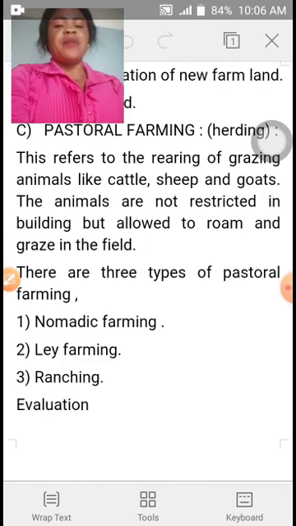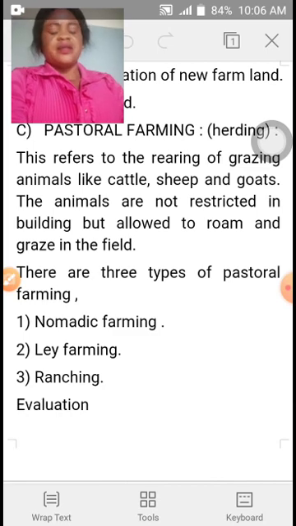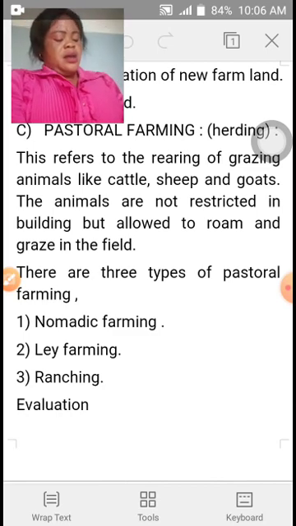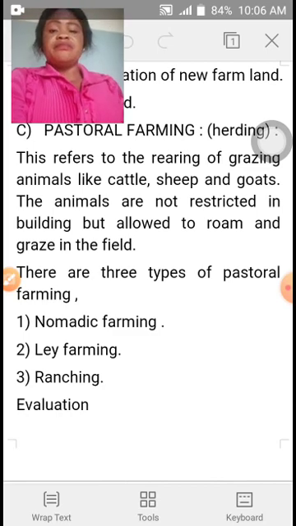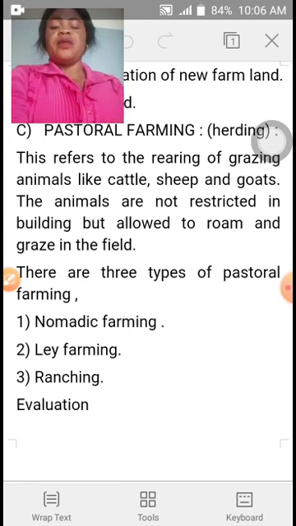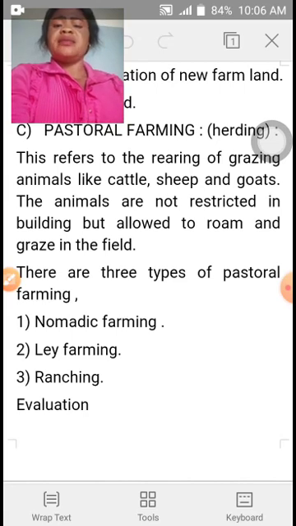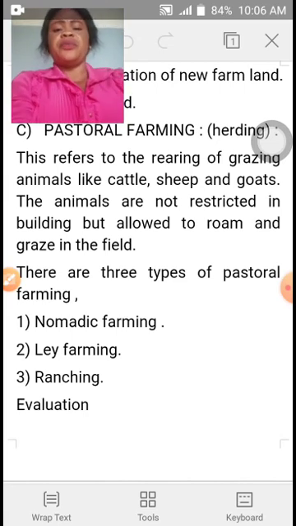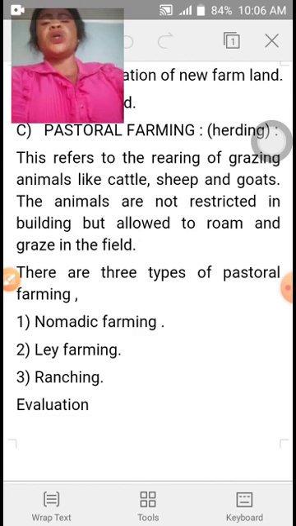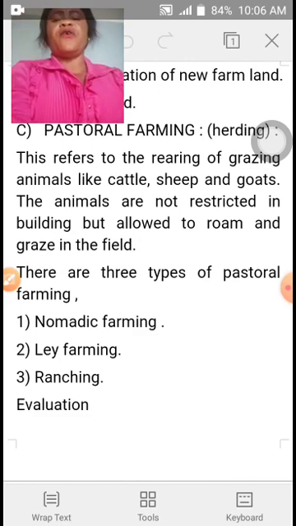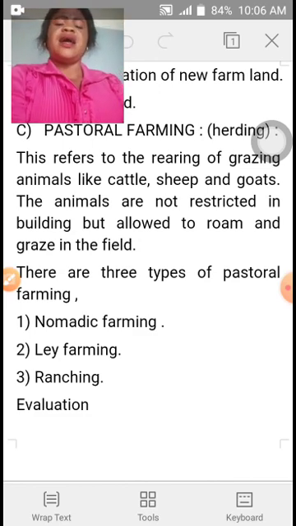I've said that the farming system refers to the farmer, which is me, the farm, the type of crops raised, the animals bred, and the technology adopted for farming operations. And then we mentioned the types of farming system.